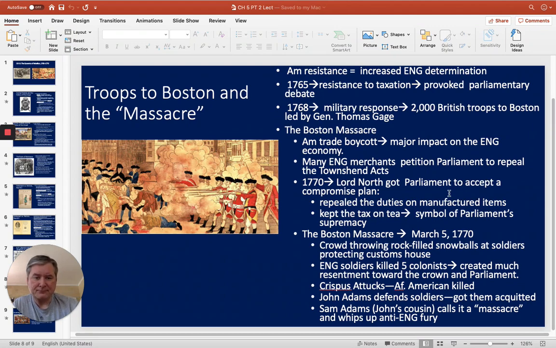And so the Boston Massacre occurs when you've got the crowd that's throwing rocks and snowballs at the soldiers, who fire back and kill 5 colonists. And then, of course, Paul Revere has this engraving made up and passed all throughout the colonies about the massacre. And Sam Adams calls it the massacre, and he whips up all this anti-English fury.